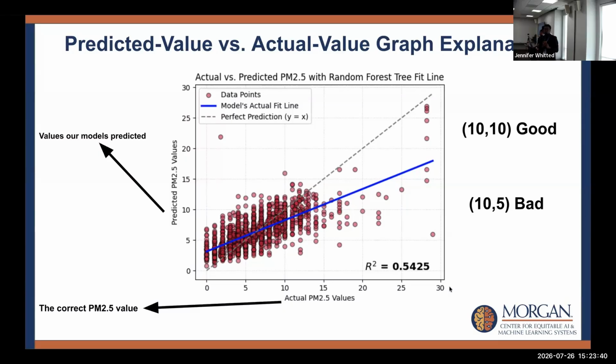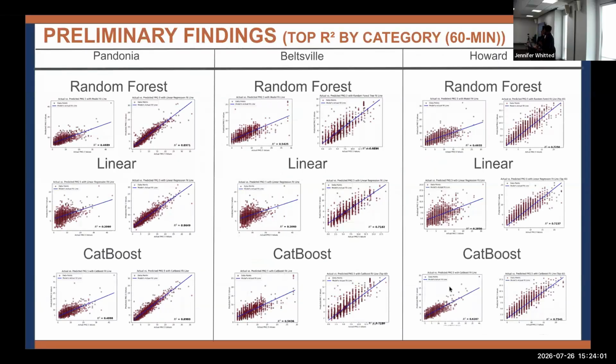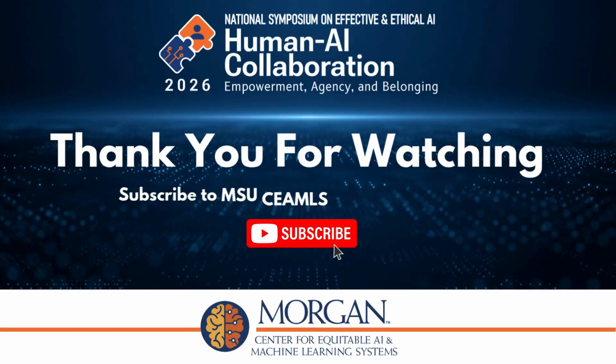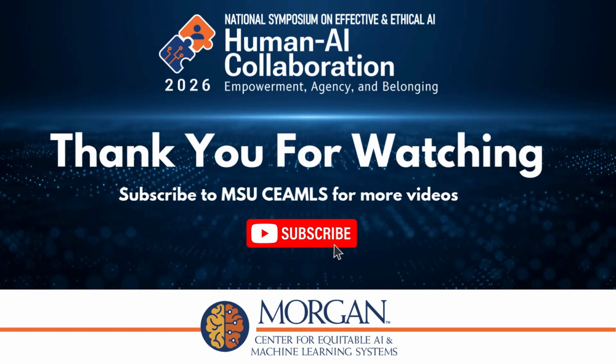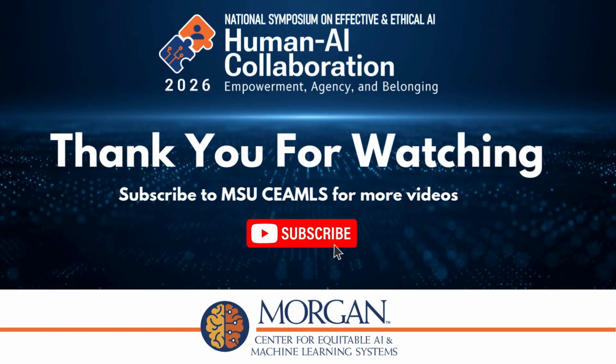The question was about the line getting closer to the 45-degree one-to-one ratio. What was the rate of improvement out of the three test groups? The rate of improvement is different for each stage.